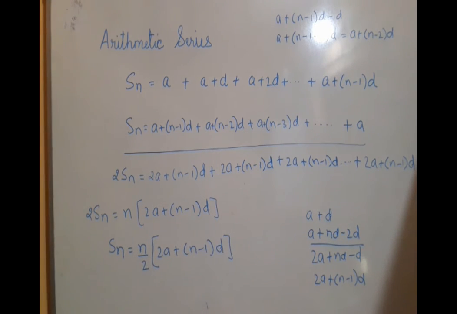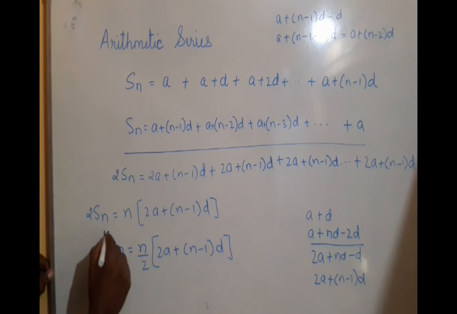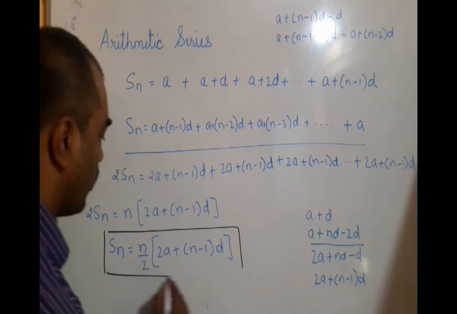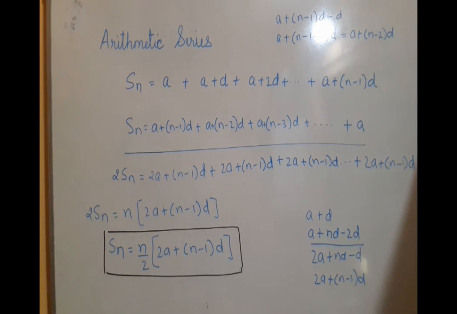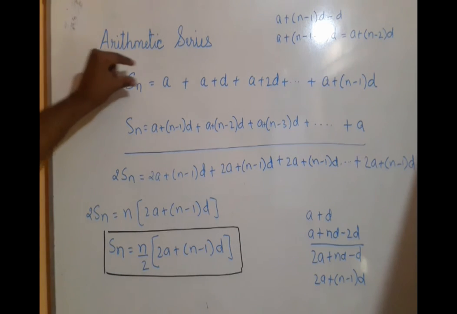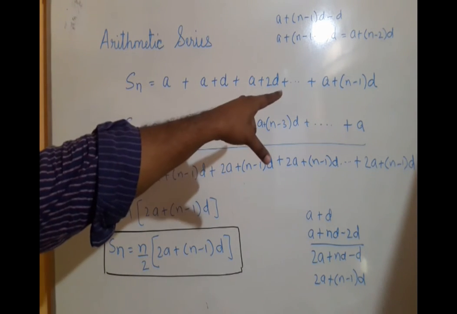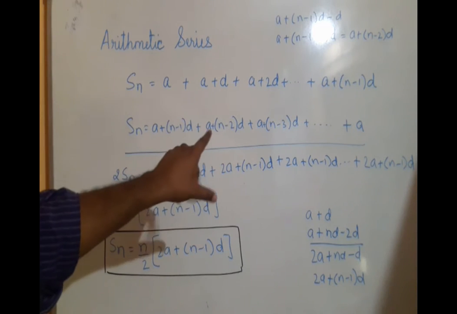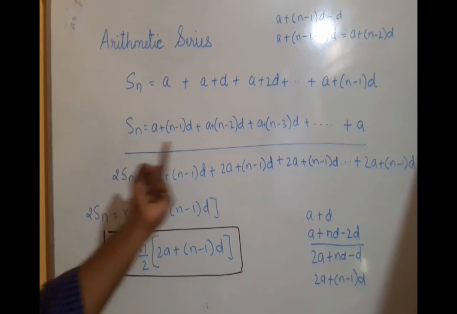This is the formula to find the sum of n terms of an arithmetic sequence. Remember this. Sn equal to n by 2, 2a plus n minus 1d. So I hope you have followed how we derive this formula. Once again, when we have an arithmetic sequence, we usually write the sequence in the growing order as it is given. To find the sum, to derive the formula, we write the same sequence in the reverse order.